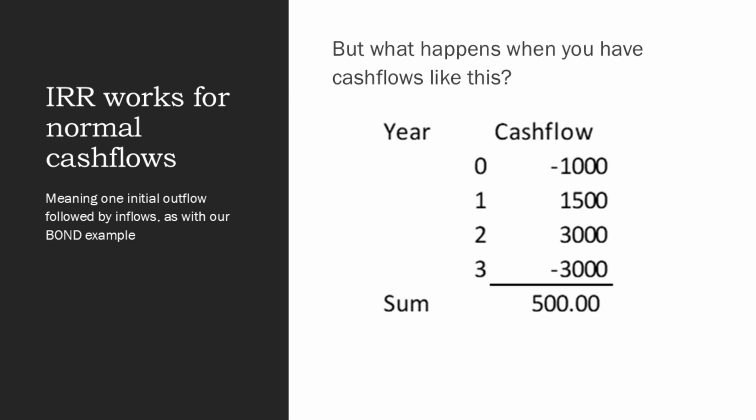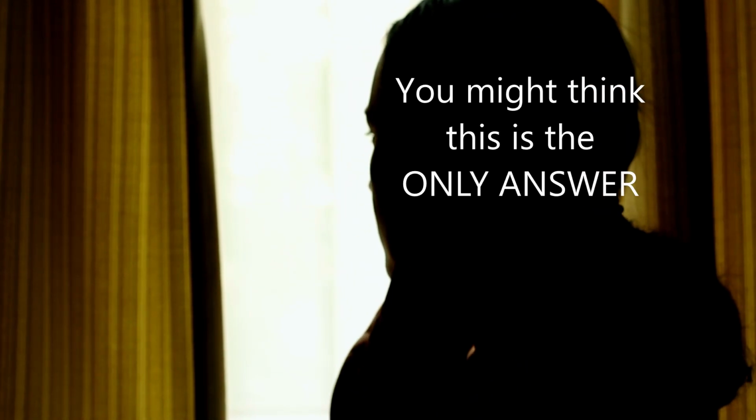So going back to the previous problem, so these are the cash flows: negative 1,000, 1,500, 3,000, negative 3,000. They all sum up to 500, and if you use the IRR function of Excel, this is what it looks like. Now here, this is actually problematic in more ways than one. Here you might think, this is the only answer, and actually that's not the case.